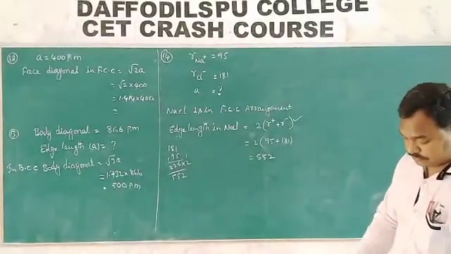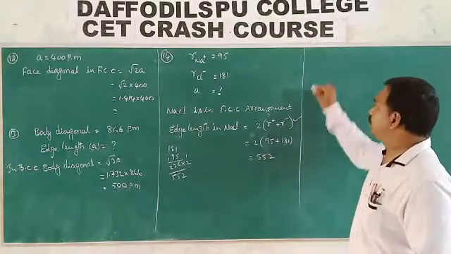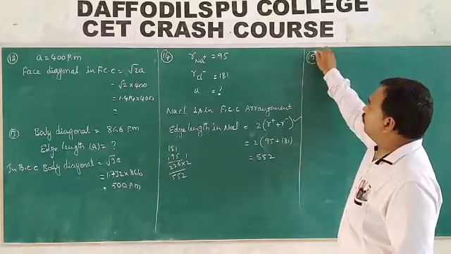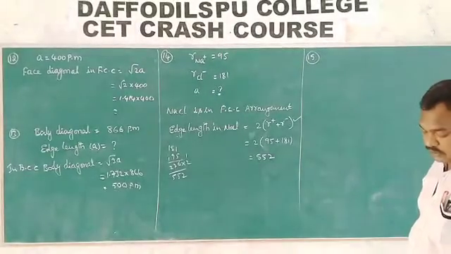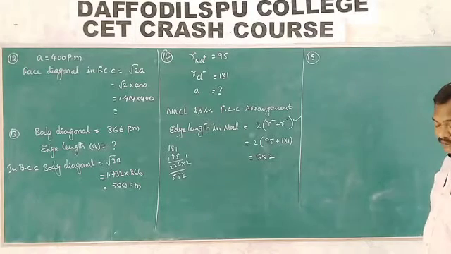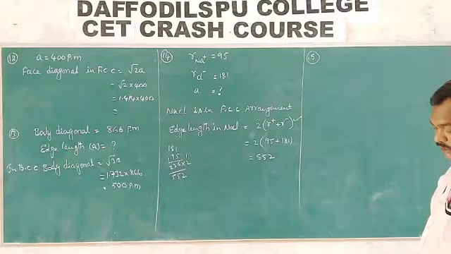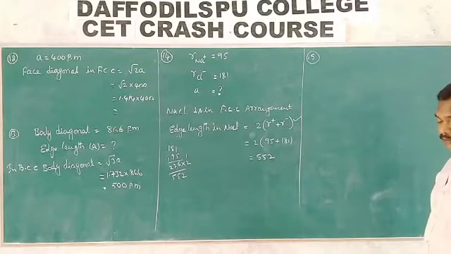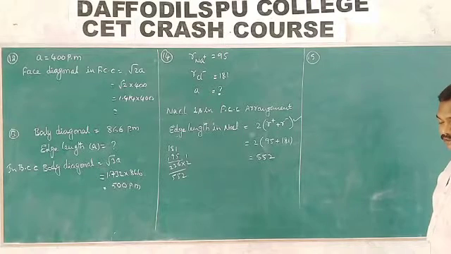Next, 15th question. A metal crystallizes into cubic phases FCC and BCC, whose unit cell lengths are 3.5 angstroms and 3 angstroms. The ratio of densities of FCC and BCC.